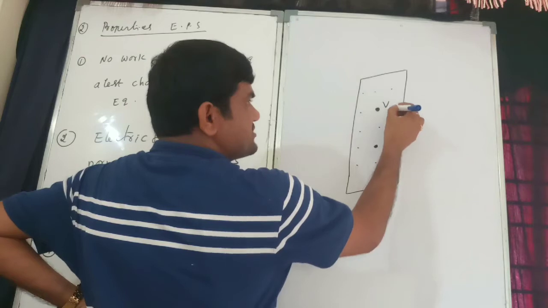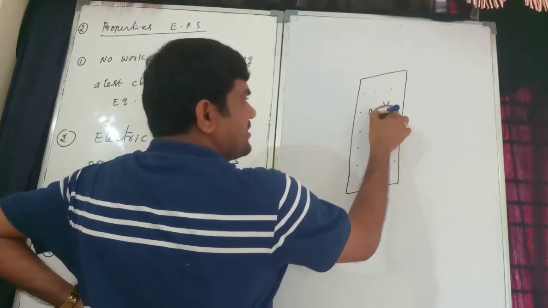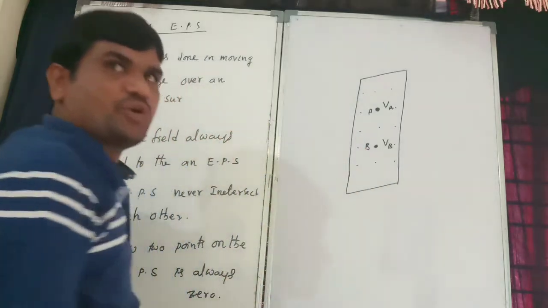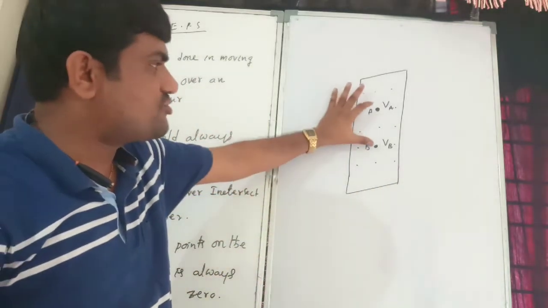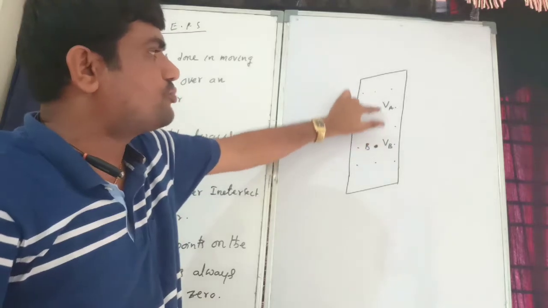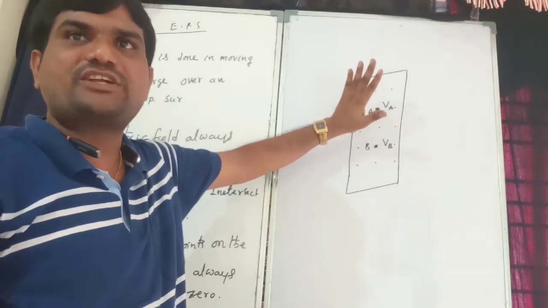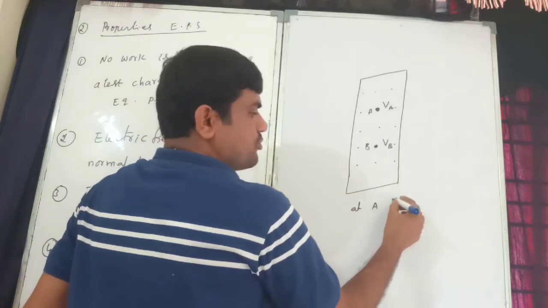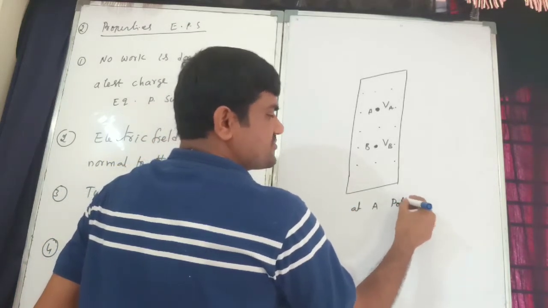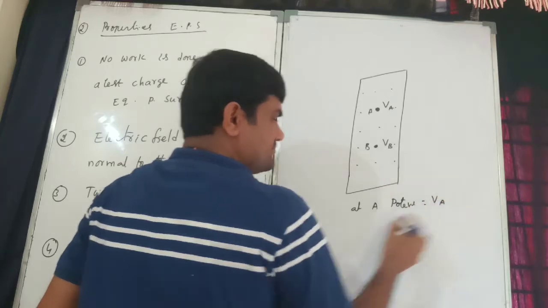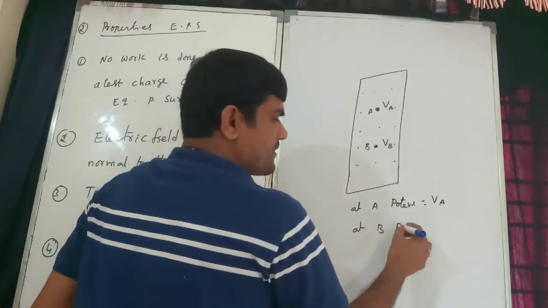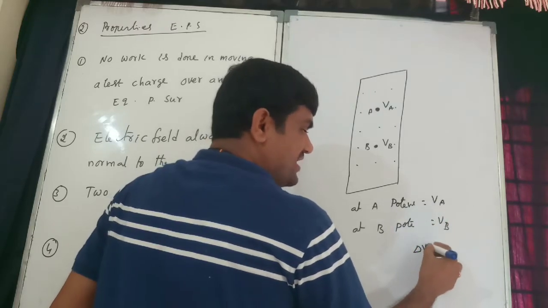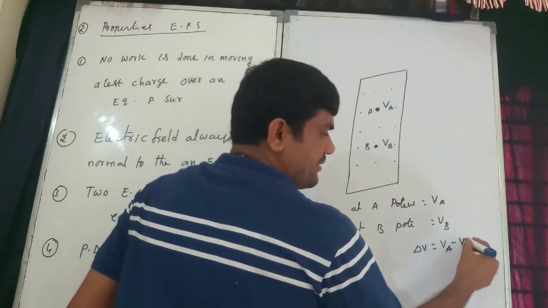At point A the potential is VA, and at point B the potential is VB. The difference between these two potentials, delta V, is equal to VA minus VB.